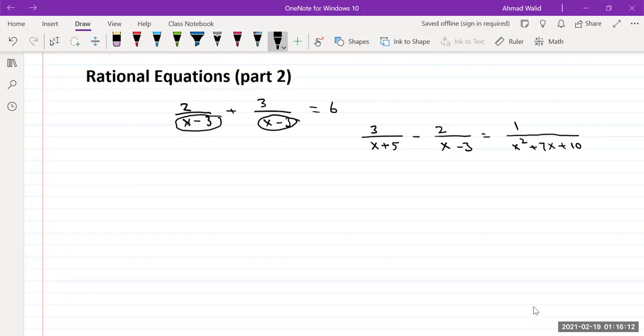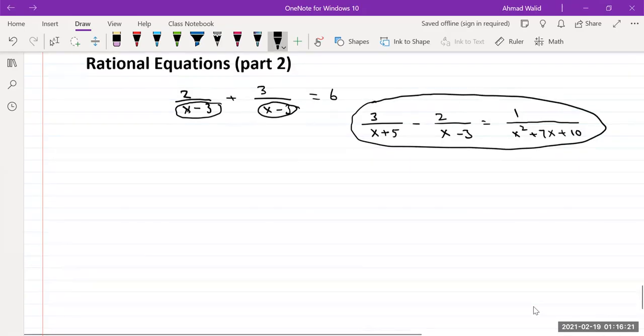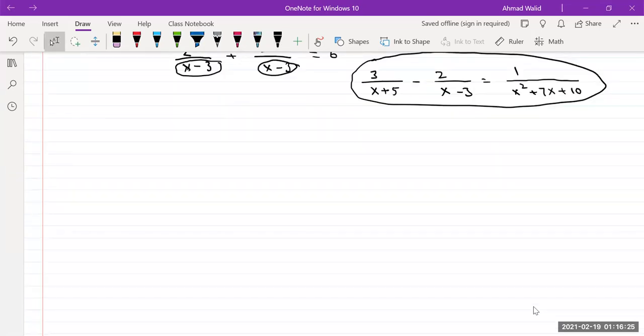Before I start talking about solving these types of rational equations, let me review a little bit with you some types of factoring that you may need to solve a rational equation. For example, in this example that I read for you, you see x squared plus 7x plus 10. You have to first factor this if it's possible.